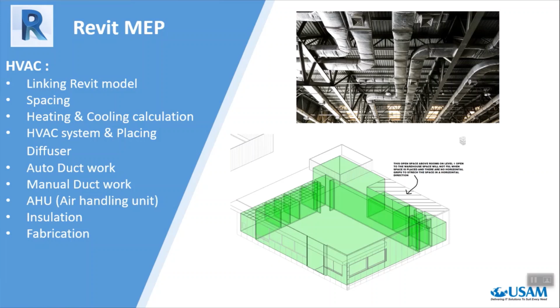Because we have rooms of different sizes, and each room has a different temperature load. That's why we use the heating and cooling calculation method. Once I get the report, which gives the flow value, the next step is to provide the diffusers.